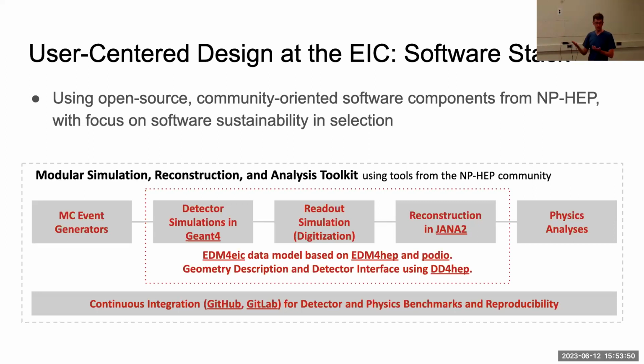They're a way of encoding what the data looks like. So if I say I have a cluster in a calorimeter, then the data model says, well, a cluster has energy, it has a number of hits, it has a theta, phi, and it has an intrinsic theta and phi for the shape. It has a number of different fields.